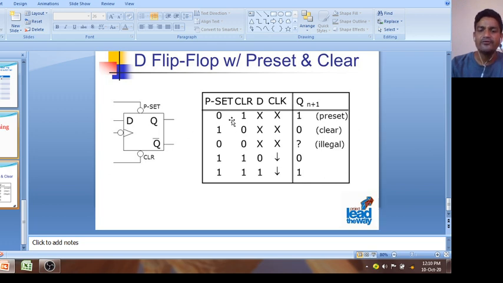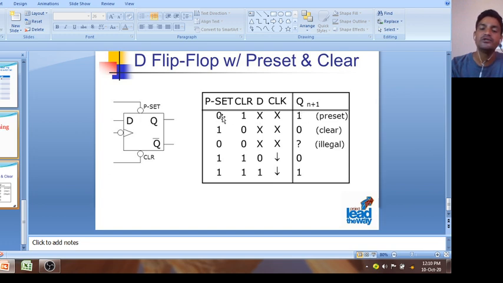When preset is 0 and clear is 1, your flip flop will be preset. Means the value of Qn plus 1 will be 1 irrespective of the value of your flip flop input. In this case D, either it is 0 or 1, it will always give 1.